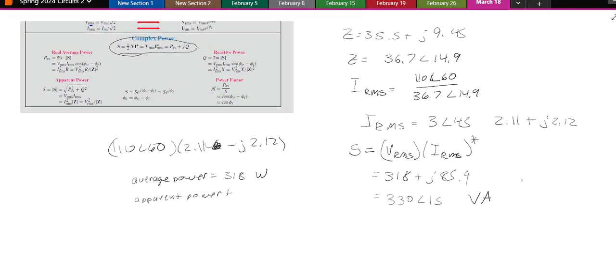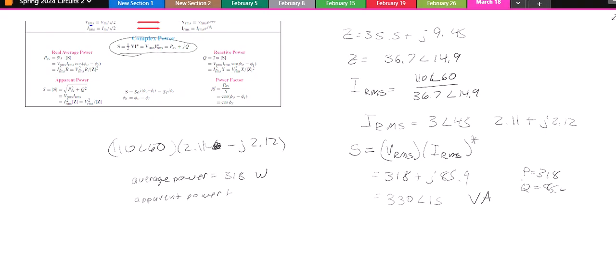We can take the square root of P squared plus Q squared, so P is 318, Q is 85.4. We could also just take V RMS times I RMS.